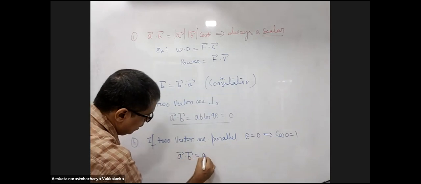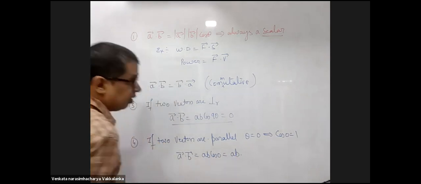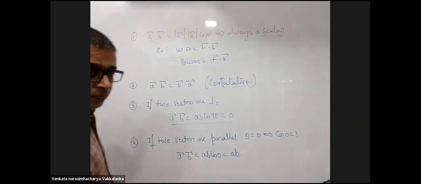A dot B is AB into cos 0. This will be A into B.